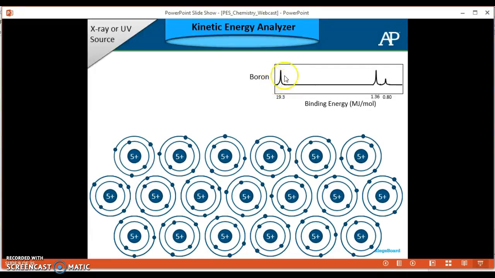The first shell electrons, the core electrons, take the most energy to remove. Of those 3 electrons in the second shell, 2 of them take about the same amount of energy and 1 takes less energy. This is the PES data we look at to support the idea of subshells. Lithium had just 2 peaks. Boron has 3, 2 of them much closer to each other than the other.